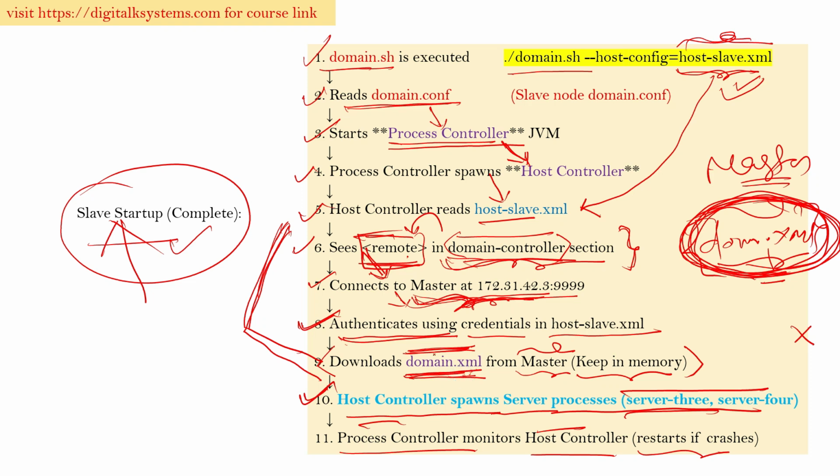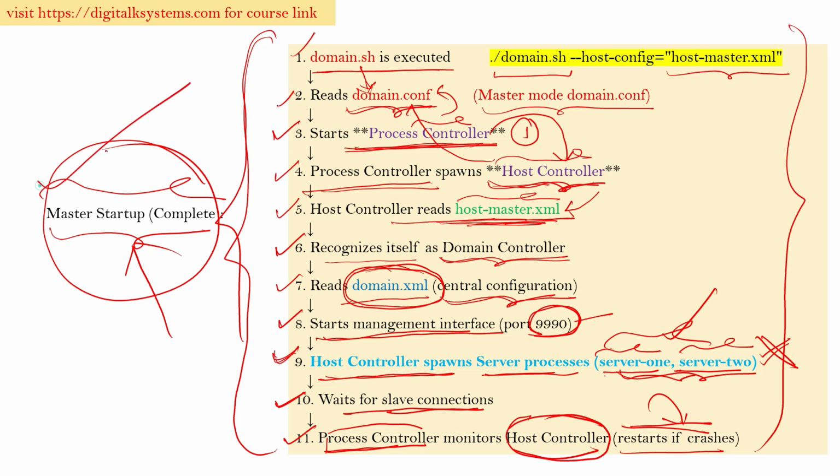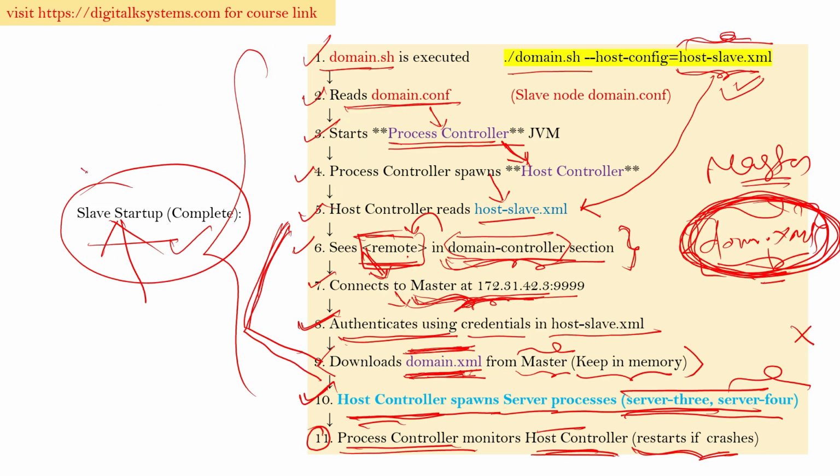Then it looks at the different configurations, and based on that, your host controller is going to start your servers, whatever servers you have defined in the slave nodes. Then the process controller continuously monitors your host controller, and if it crashes, it automatically restarts. So these two are very critical, what we have seen here for the master startup and for the slave startup, right?